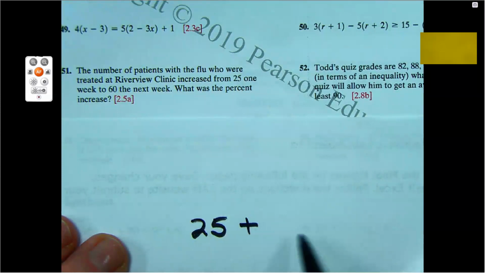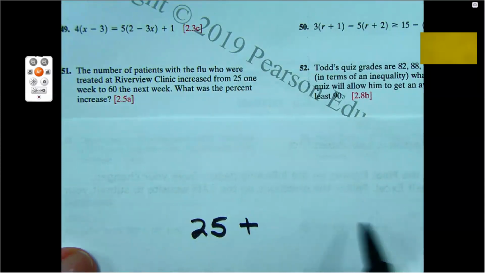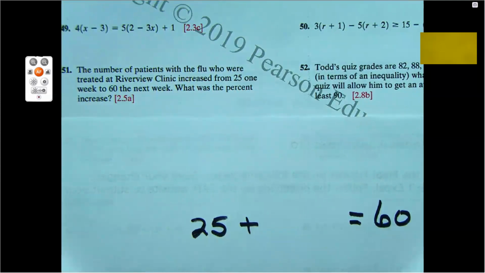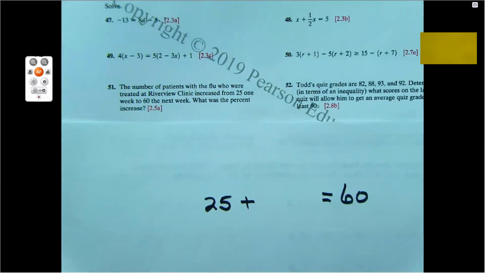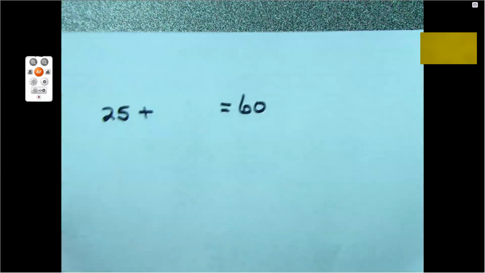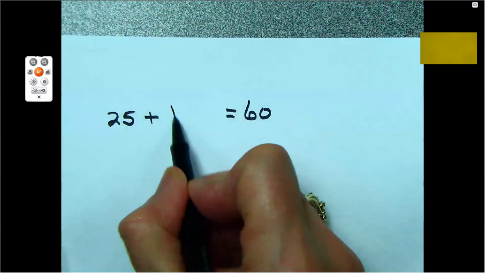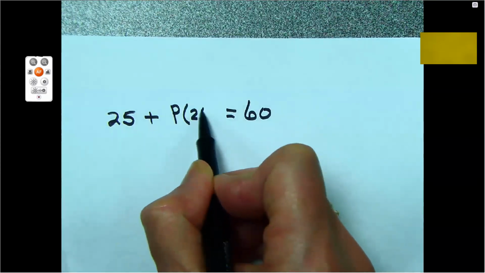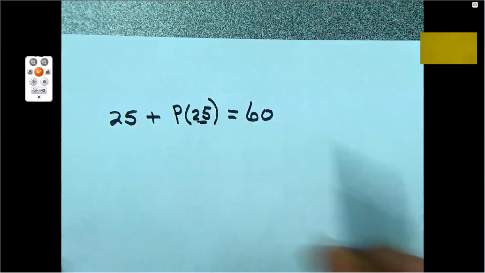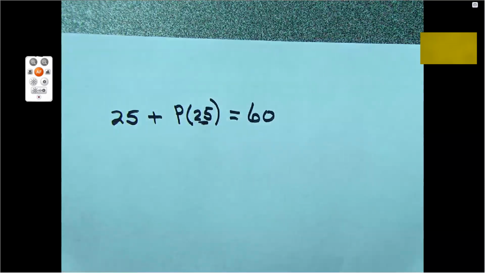Plus I had an increase, which equals 60. All this was a percentage of increase of what my known was, 25. So 25 plus a given percentage of increase is equal to 60.